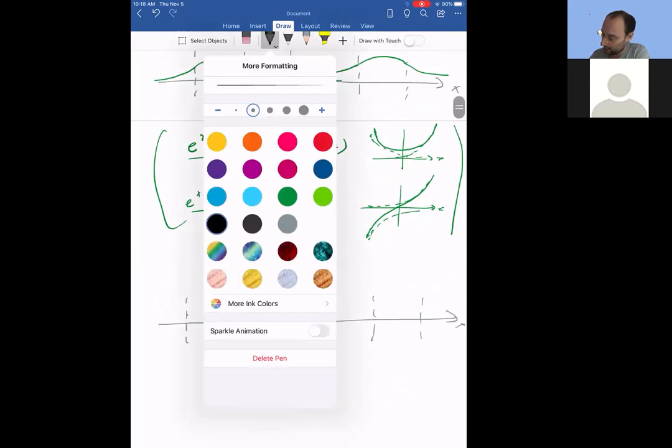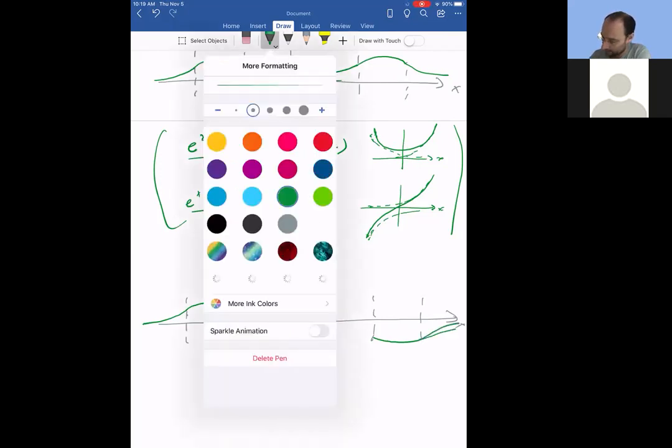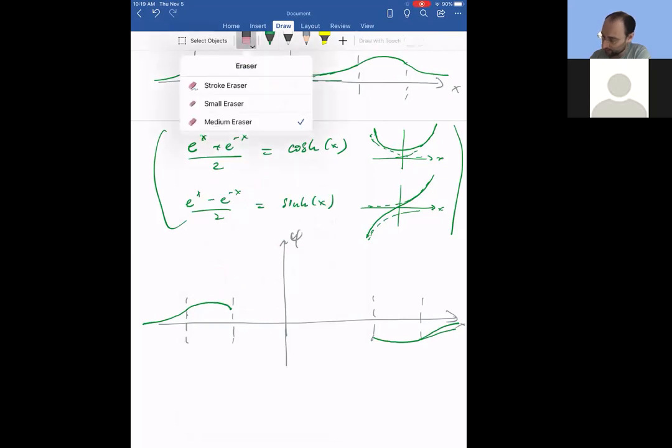Okay, so what's another possibility? Well, the other possibility is to have a positive piece of a sinusoidal function, and it will be matched by a growing exponential here, and a negative piece of a sinusoidal function, and then it's matched by a decaying exponential here.